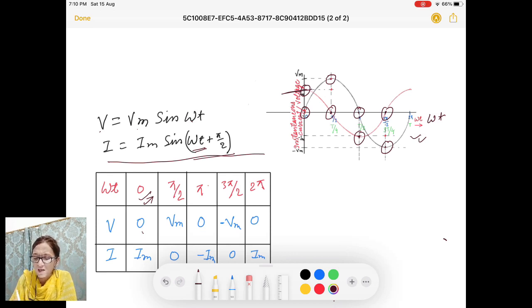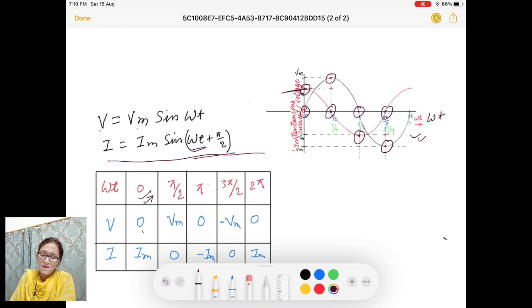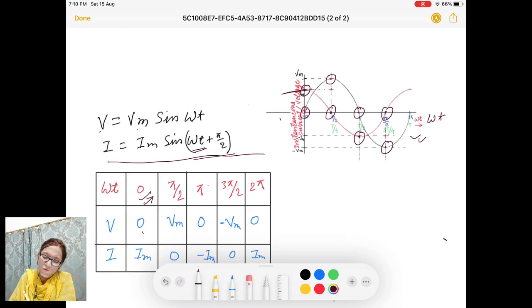Now you can see that when voltage is 0, current is highest. It is not like a purely resistive circuit in which when current is maximum, voltage also is maximum.